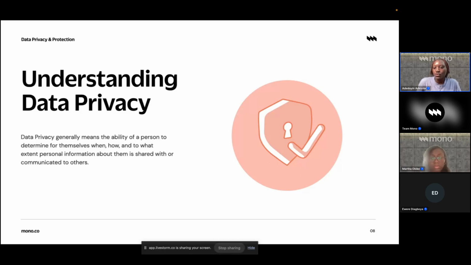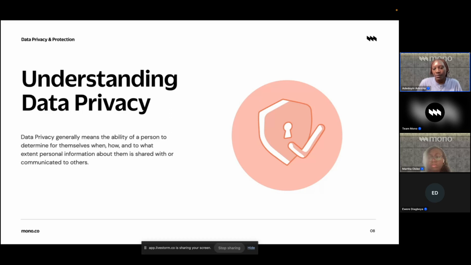However, the entire reason why we're here and having this discussion is for us to better understand the rights of our users, better understand how we as a business can protect those rights, and how we can also protect our own infrastructure and our own processes such that when it comes to the protection of information that your customers have given to you or your own business data, you are well protected.